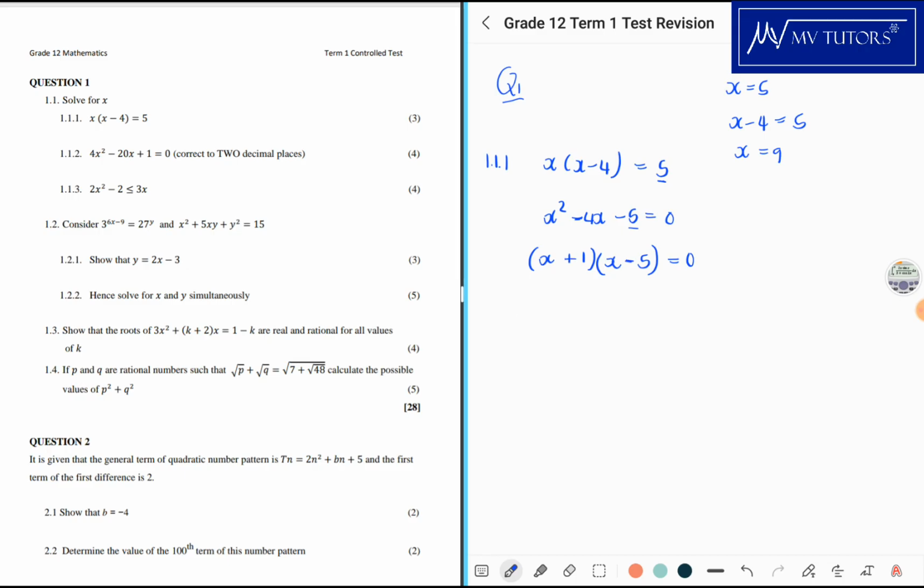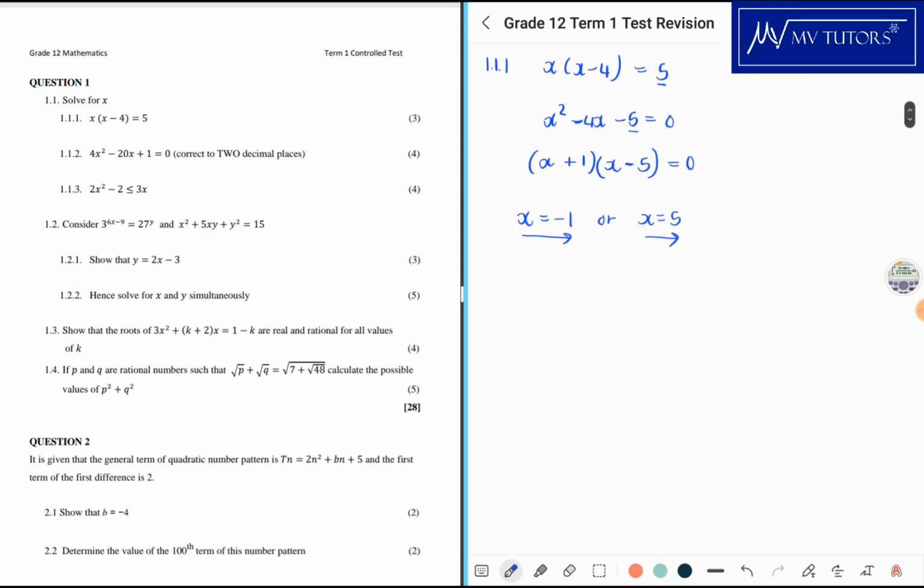So therefore, we would say x is equal to minus 1 or x is equal to 5. So you would have gotten 1 mark if you said x is equal to 5, but this one is wrong. So please do not try doing this calculation like this. Rather, remove the brackets and then work from there.